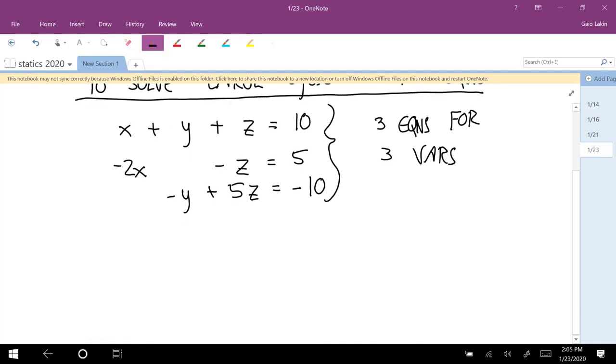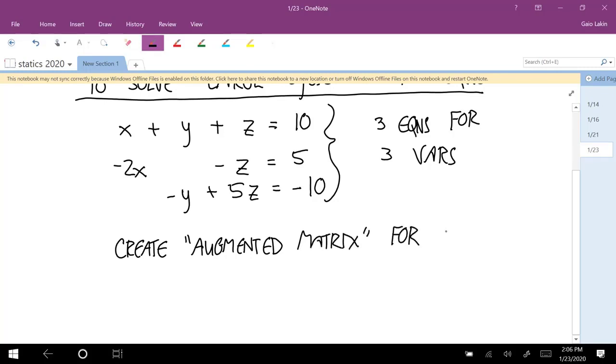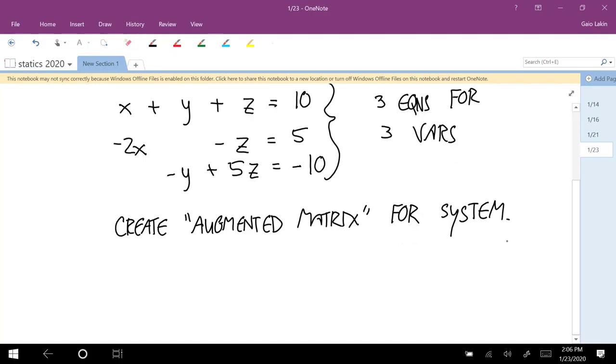The first step is you have to create an augmented matrix for this system. And to do that, you need to get all the variables on one side of the equation and all the constants on the other side. I guess I already have it set up that way.